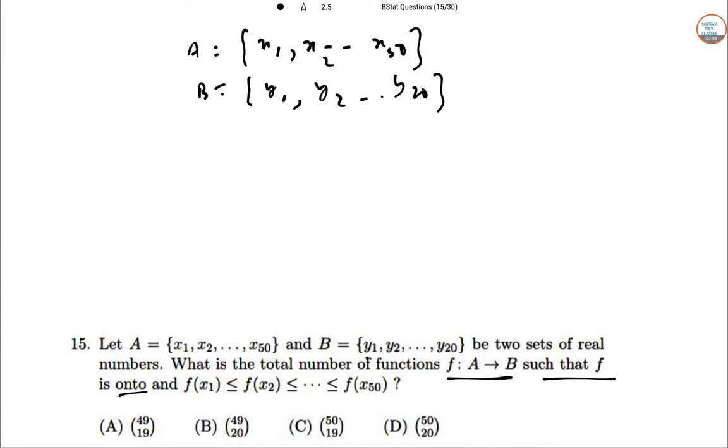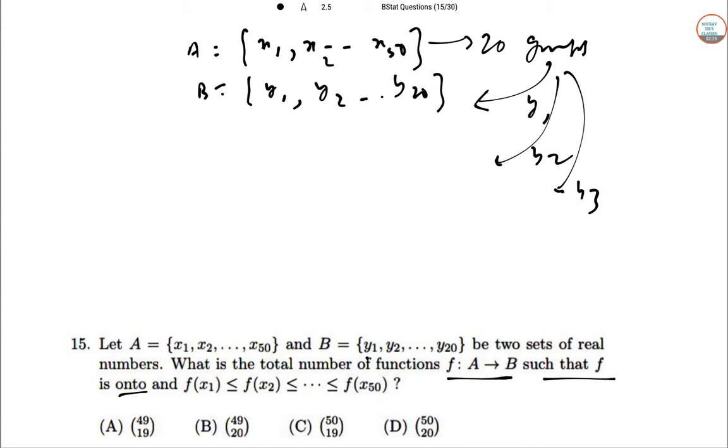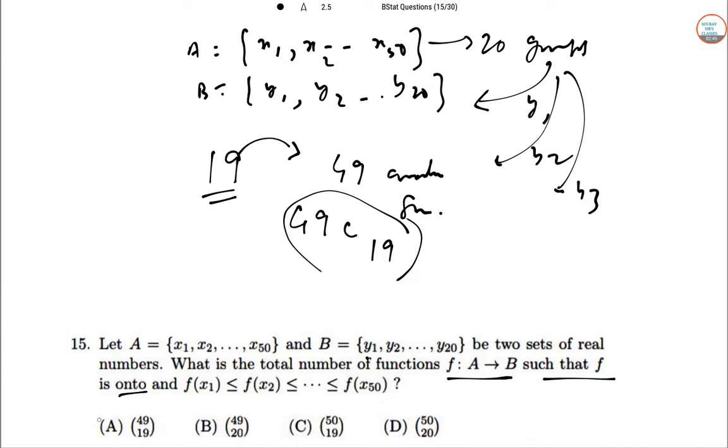We must split the elements of A into 20 non-empty groups of consecutive integers. The first group will be mapped to y1, the second group to y2, the third group to y3, and so on. So we must place 19 dividers among the 49 available gaps. Hence the answer is 49C19, which is option A.